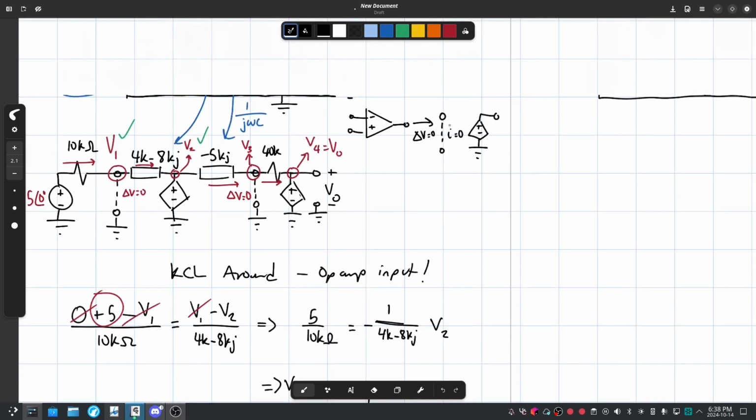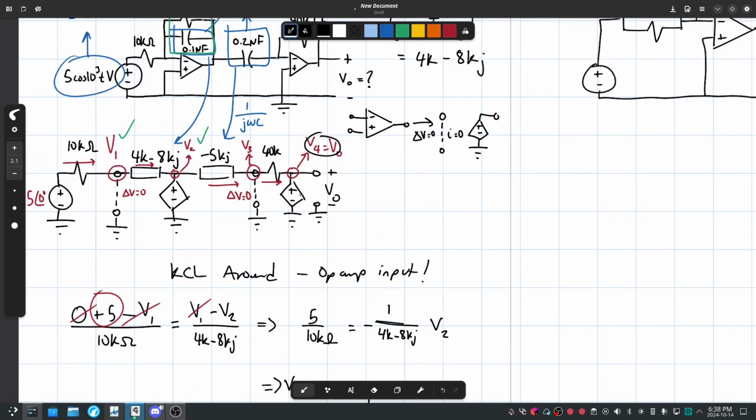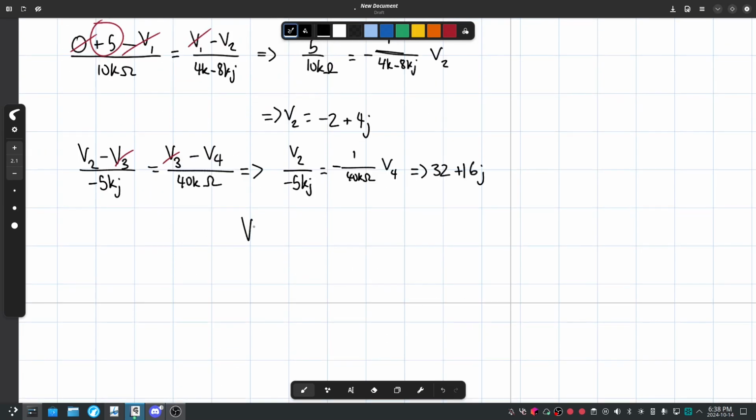Now, what is V4? V4 is our VO. So, there you go. Our VO. And obviously, we don't represent voltage in rect form. We represent it in phasor form. So turning that into phasor form, we are going to get 35.7 with a phasor of 26.6 degrees.